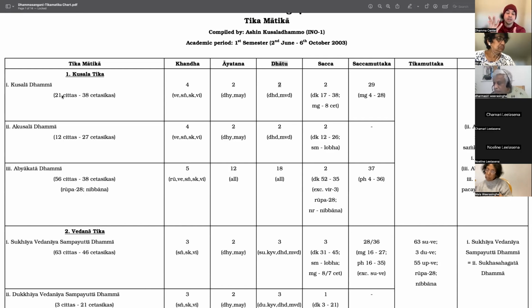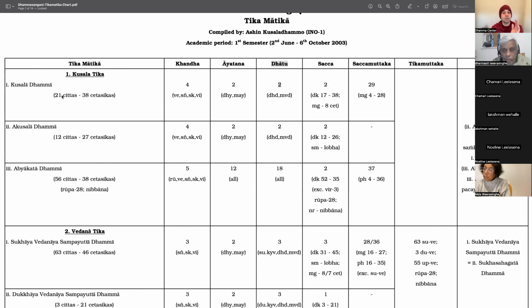Then Rupayatana, Saddayatana, Gandhayatana, Rasayatana, Photthabbayatana, and Dhammayatana. So the physical ayatana, the object ayatana, those two. There are 6 each, 6 into 2, 12. There are 12 ayatanas.